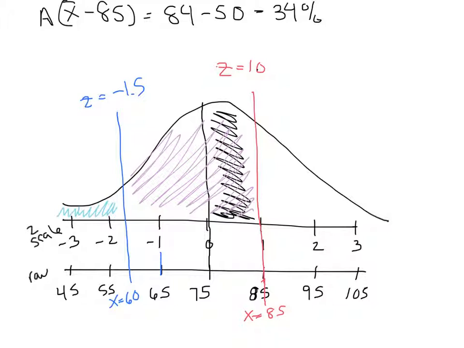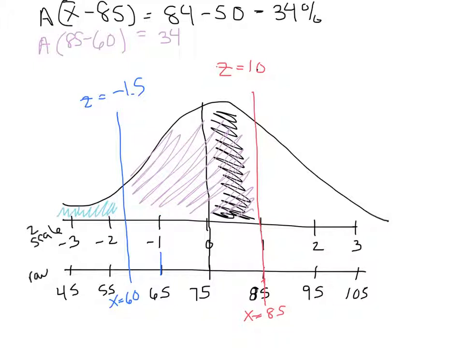For our second area, between 85 and 60, we already have one component. We have everything between the mean and 85. We already know that's 34%. So, I'm going to take the 34%, and then on top of that 34%, I have to find this area.